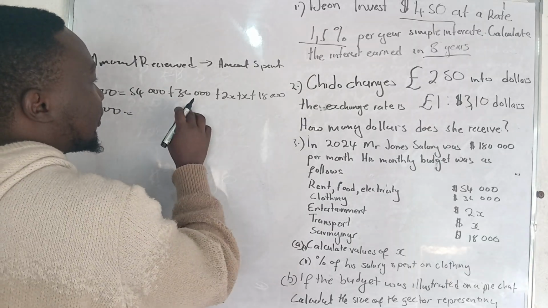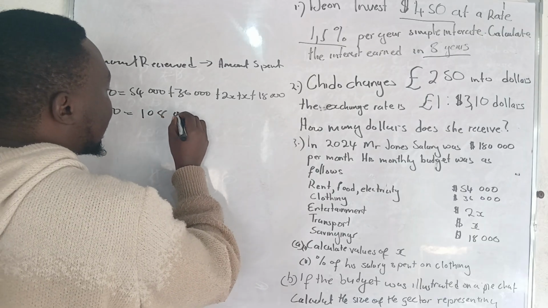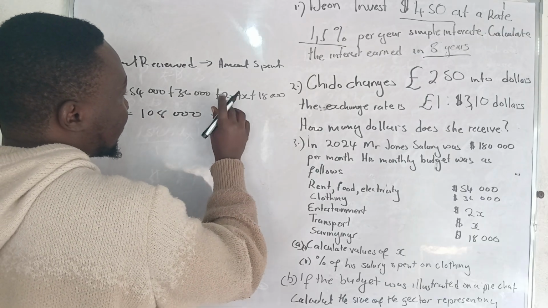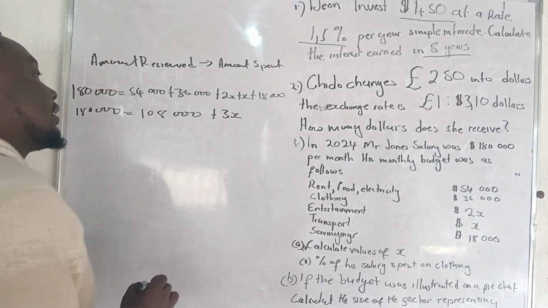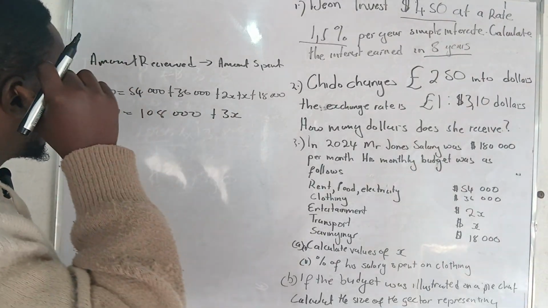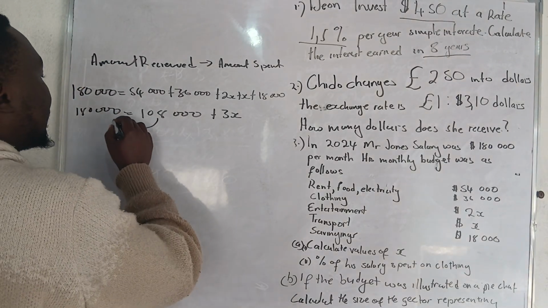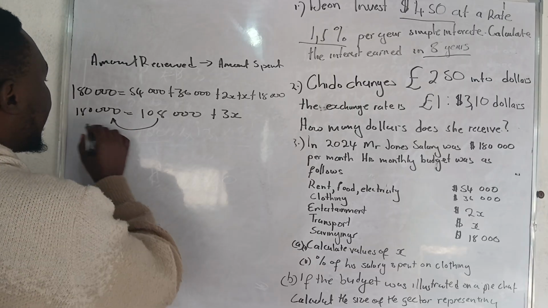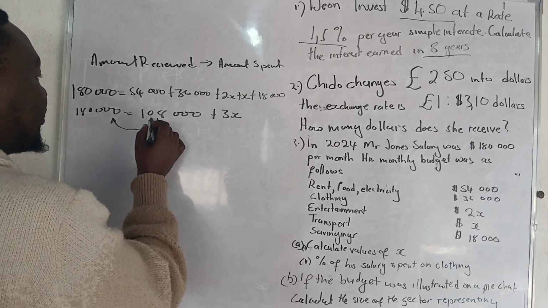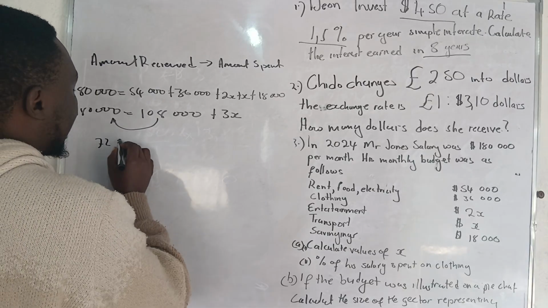So 90,000 plus 18,000, that's going to give 108,000, plus 2x plus x, that's going to give 3x. So we move on. We take this one to this side. So 180,000 minus 108,000, that's going to mean 72,000.